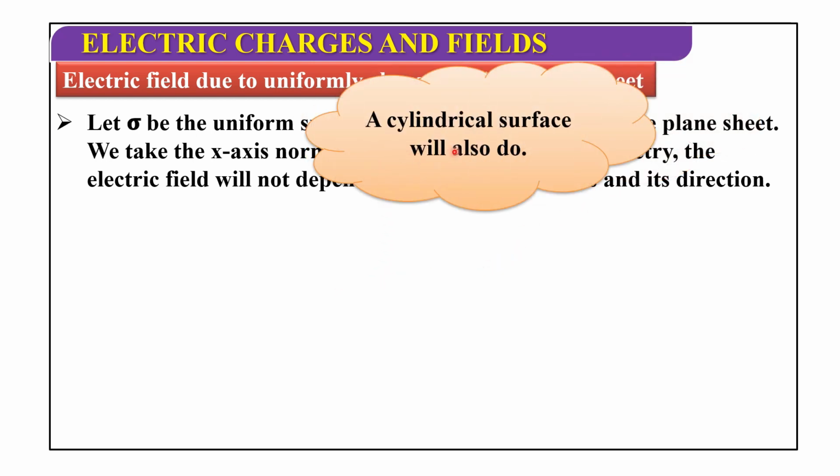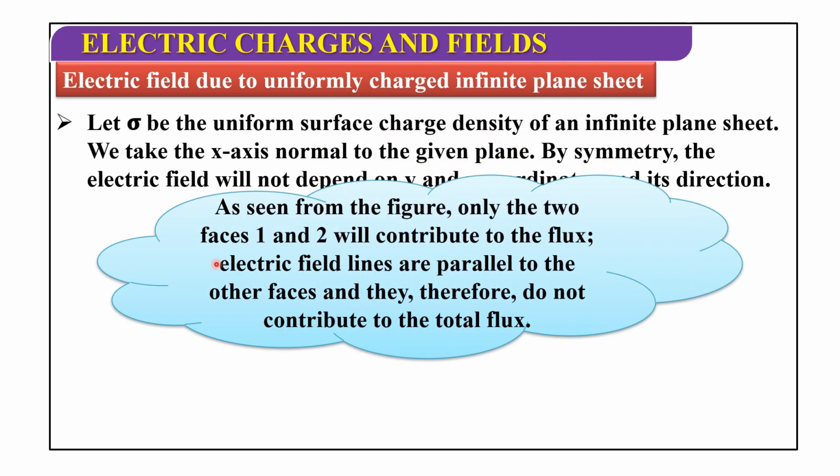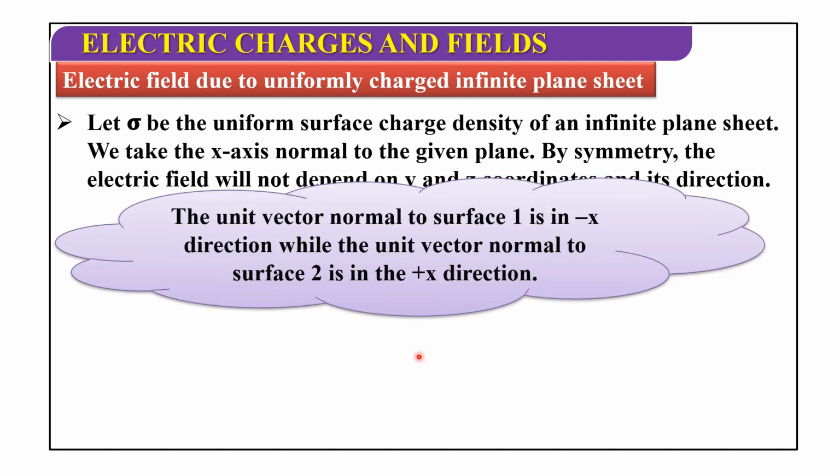A cylindrical surface will also do. As seen from the figure, only the two faces 1 and 2 will contribute to the flux. Electric field lines are parallel to the other faces and therefore do not contribute to the total flux. The unit vector normal to surface 1 is in the negative x direction, while the unit vector normal to surface 2 is in the positive x direction.